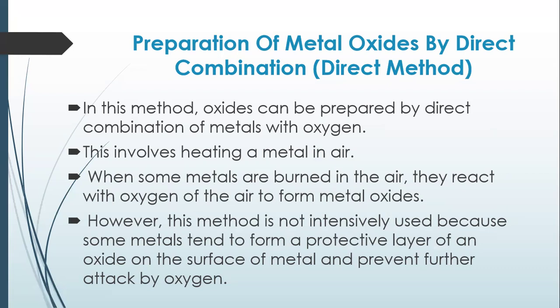When some metals are burnt in air, they react with oxygen of the air to form the metal oxides. However, this method is not intensively used because some metals tend to form a protective layer of an oxide on the surface of the metal and prevent further attack by the oxygen, or further reaction of the metal with the oxygen.